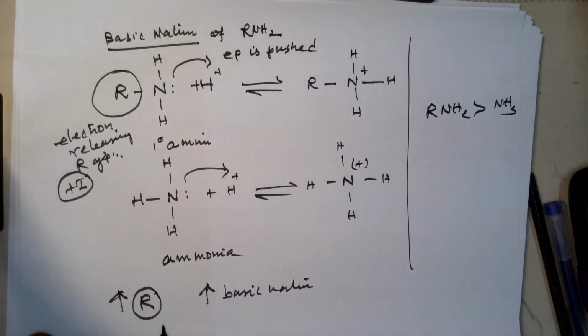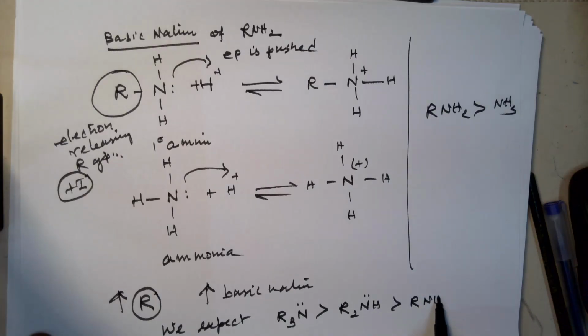So in that case we expect R3N is greater than R2NH, that is greater than RNH2, because we know this is greater than ammonia.